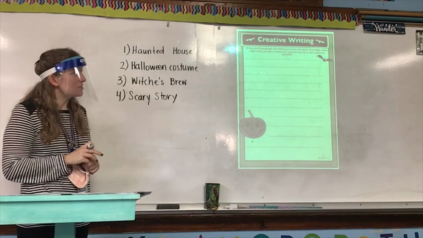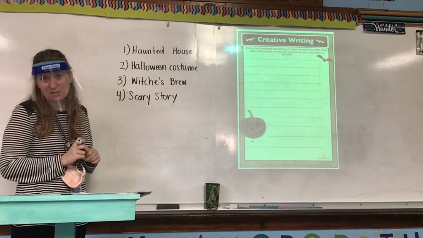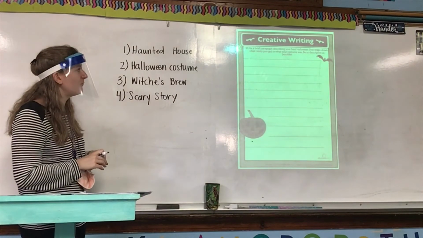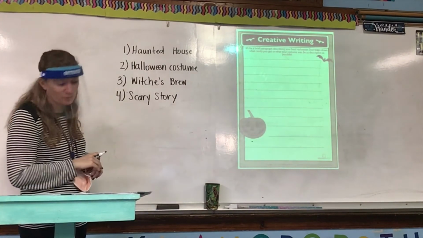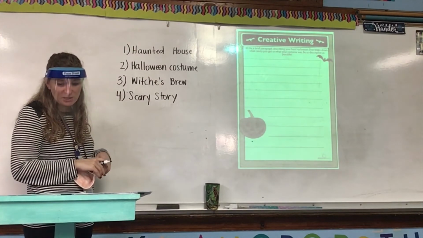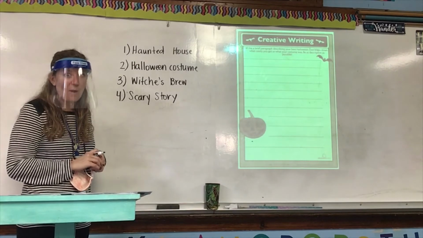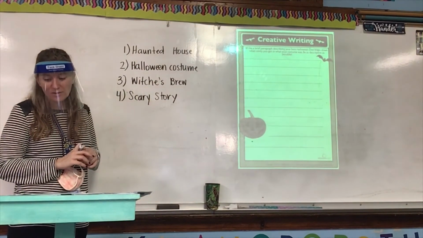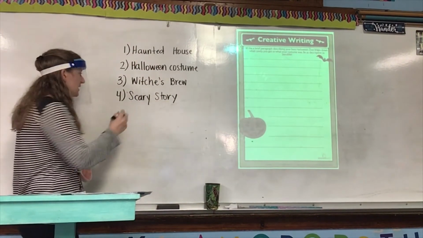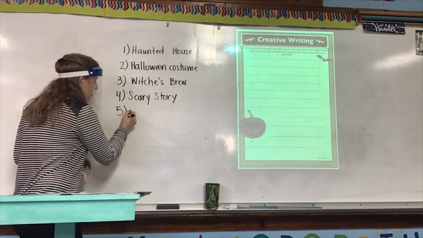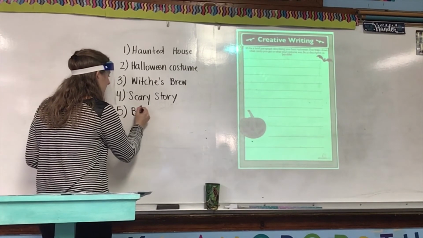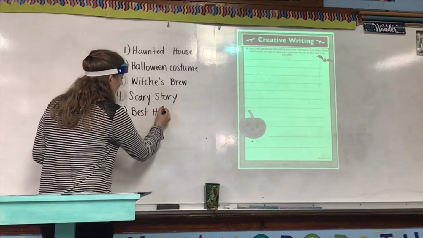Okay, next one. It says write a brief paragraph, but yours is going to be longer than a paragraph. Write a brief paragraph describing your best Halloween ever. Write down what candy you got or what your costume was. Make sure you write why it was the best Halloween ever. Be as descriptive as possible. So choice number 5 is the best Halloween.